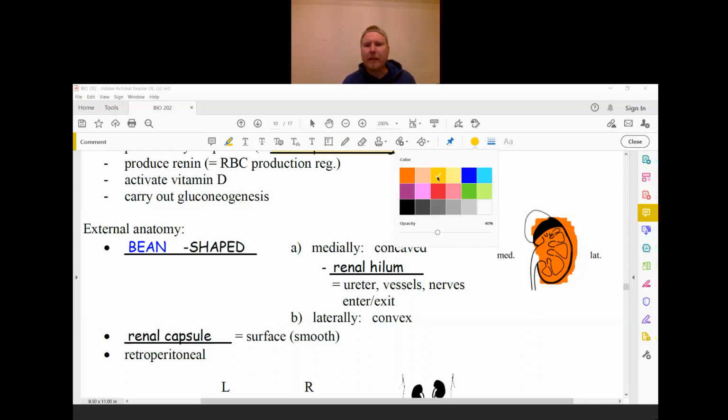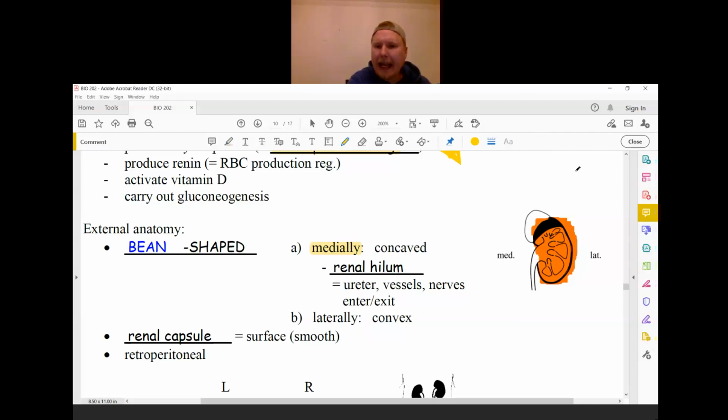So we notice that medially, the kidneys are concave. So there's a smaller curvature that faces medially.